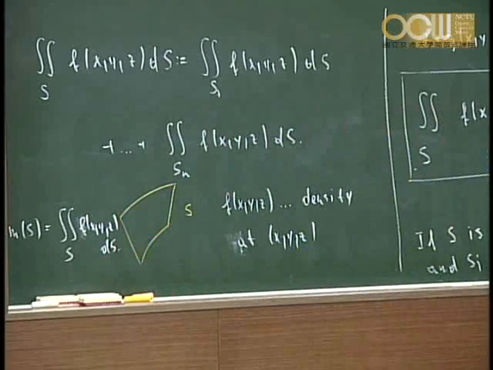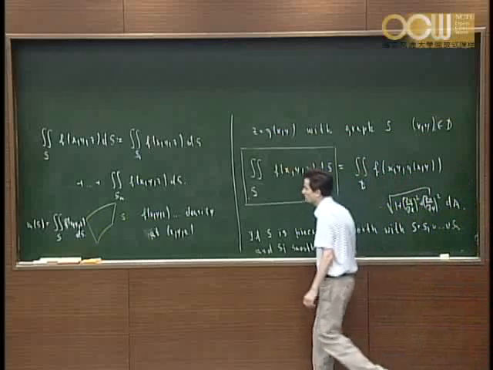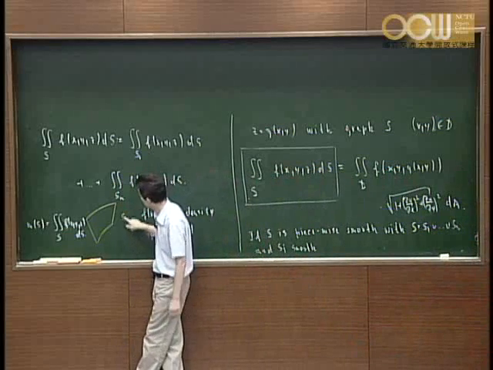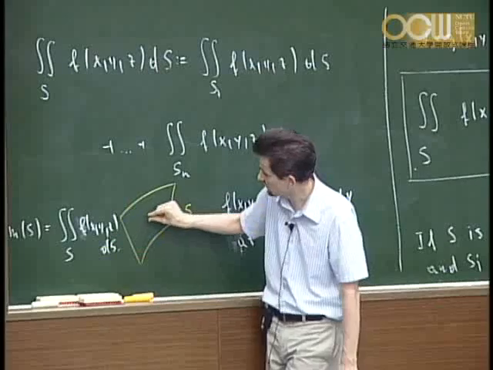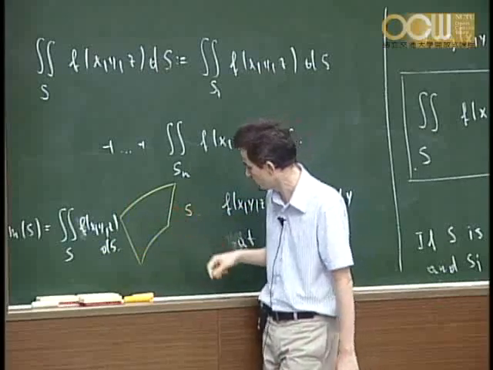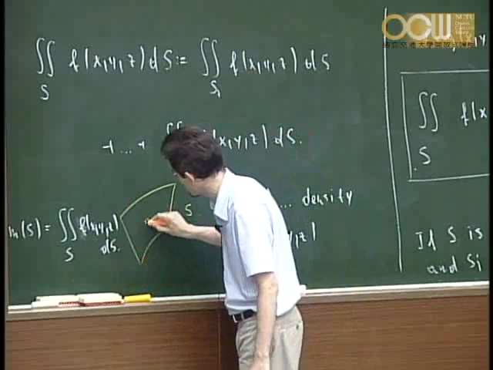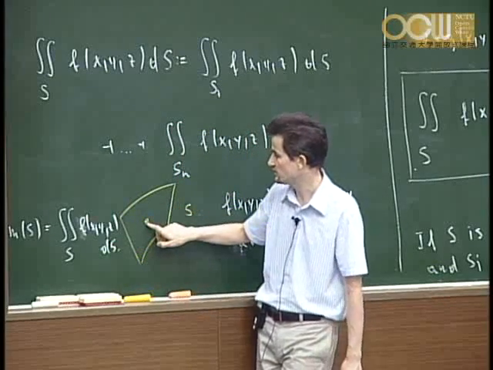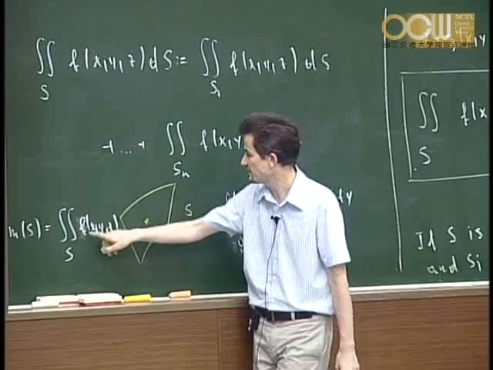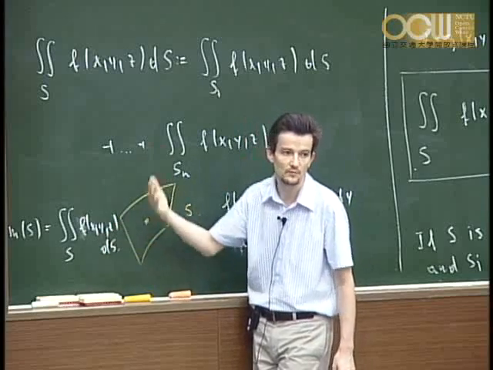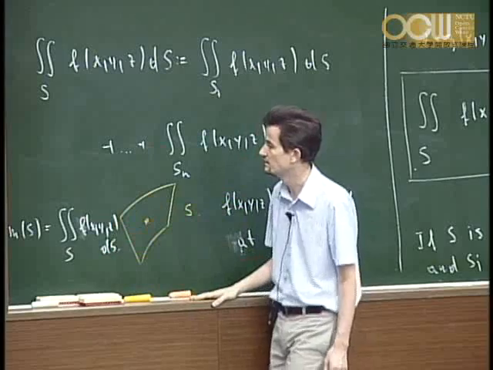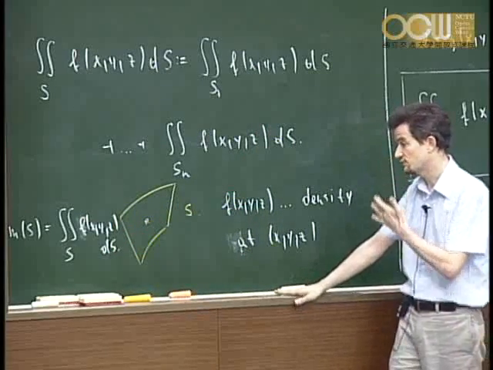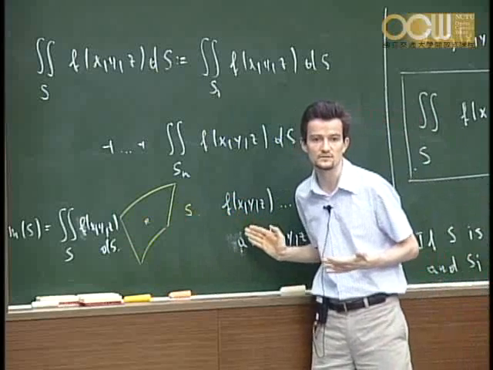This is just motivated by the definition of the surface integral, because by the definition, you divide the surface S into subsurfaces, and you can assume that the subsurface is very small. For this subsurface, you multiply the density with this area here, and you sum up over all of them. So what you get in the limit is the mass of this surface S with this density function.